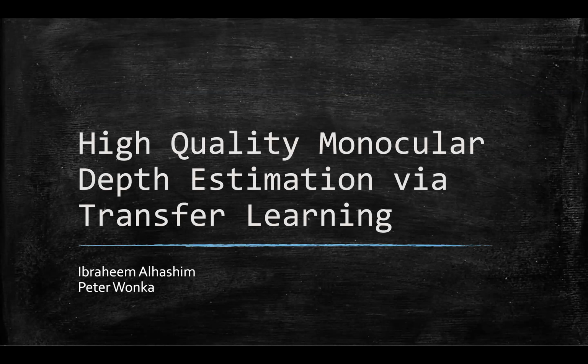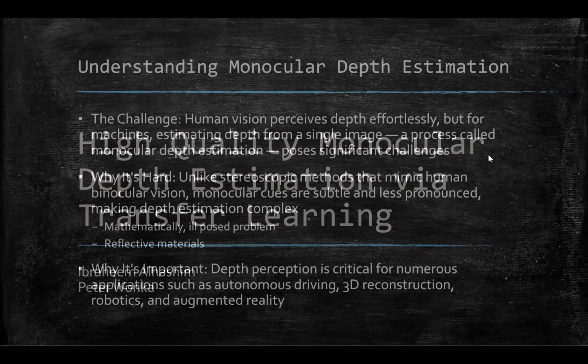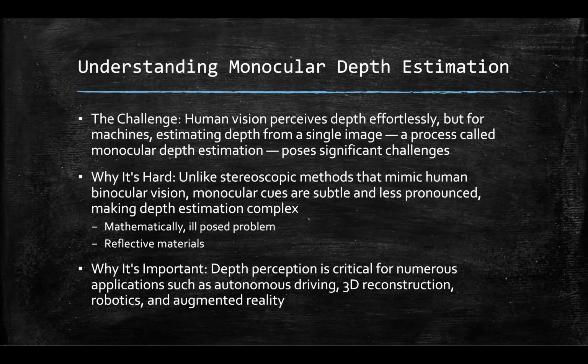The first paper has this title: High Quality Monocular Depth Estimation via Transfer Learning. Before we dive into this paper, let us deeply understand what monocular depth estimation is. Human vision perceives depth effortlessly, but for machines, estimating depth from a single image, a process called monocular depth estimation, poses significant challenges.